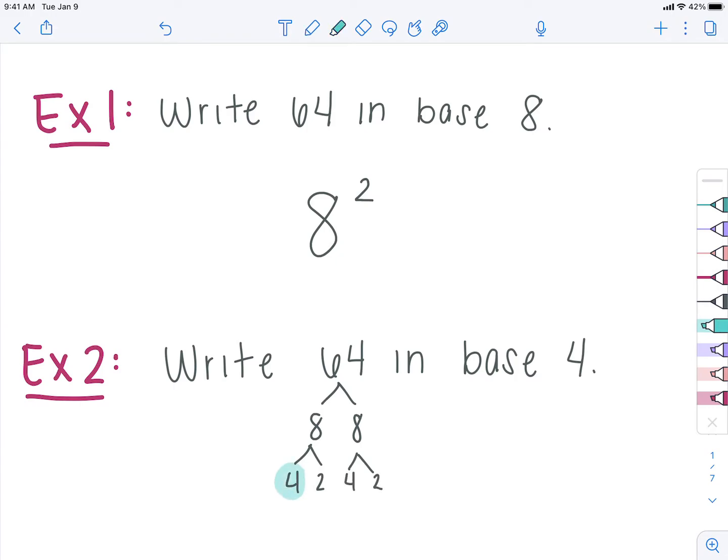So I have 1, 2, 3 4s, right? Because the 2's, if I put the 2's back together, that's really 4. So you could always break it down and see how many pieces you have in there, or how many ways you can make 4. So I can rewrite this as 4 to the third.